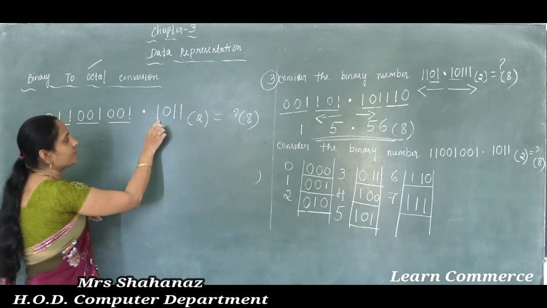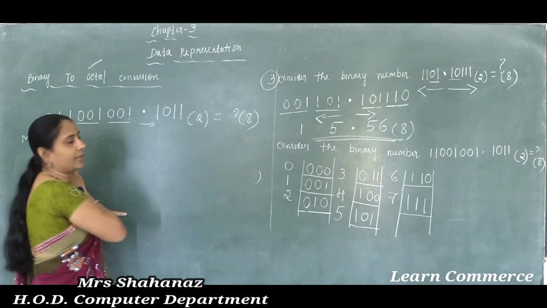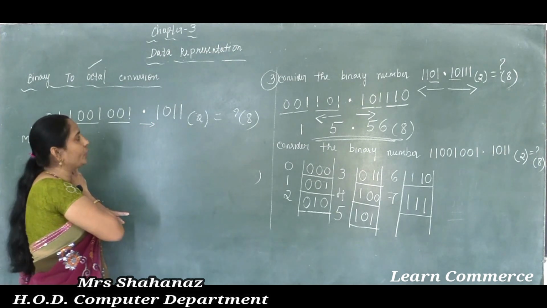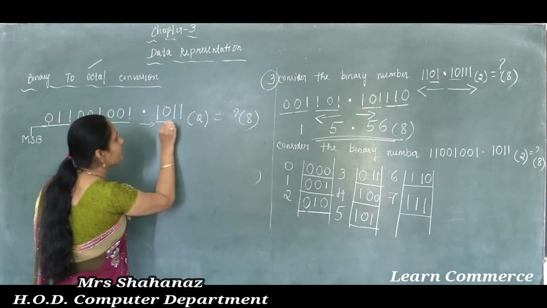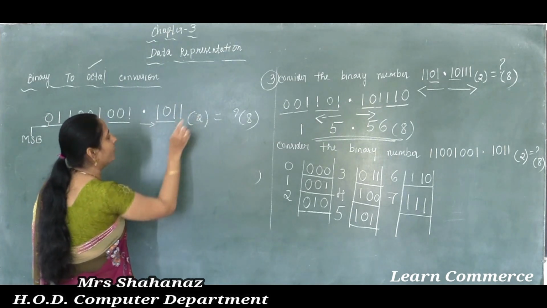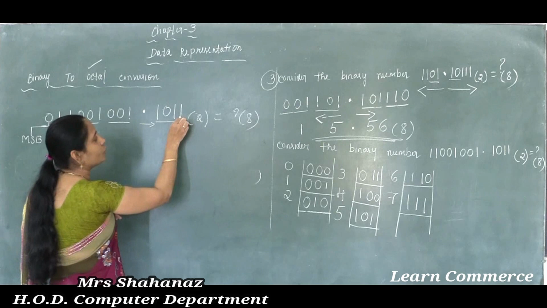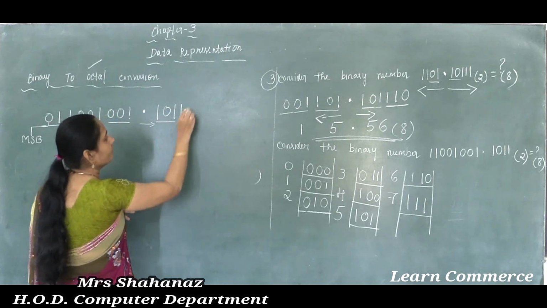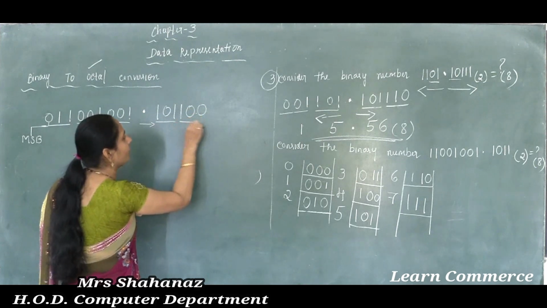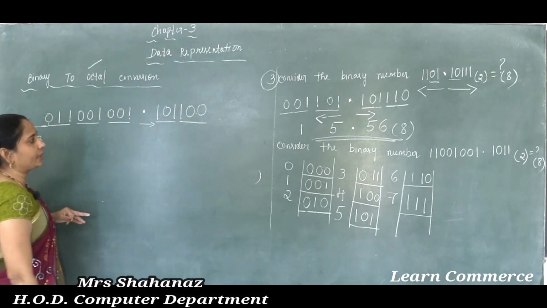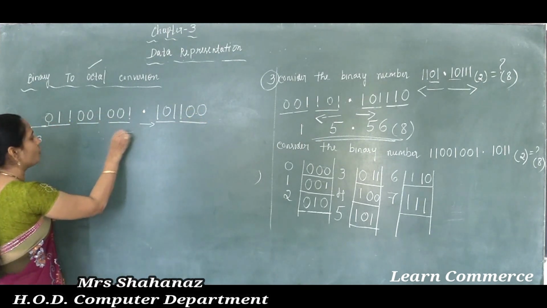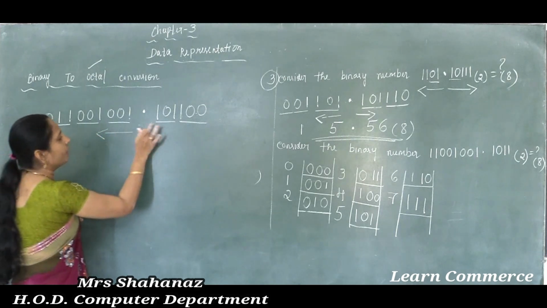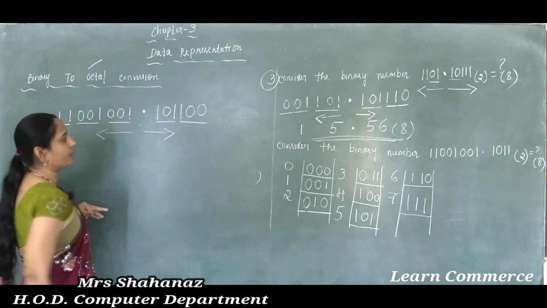So fraction means you have to move in this manner, correct? No, fractional you have to move in this manner. So 101, that means how many values we need to add? We need to add 0, correct? No, 2 zeros we need to add here. So we can say that we need to move in this manner and here we need to move in this manner. Clear this point here?